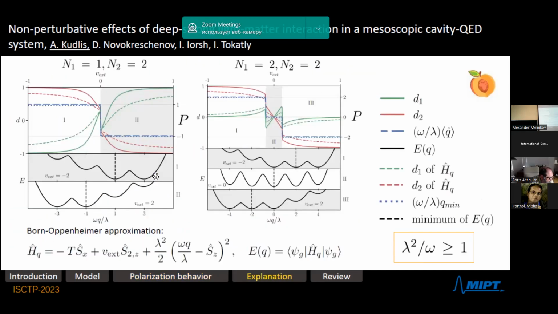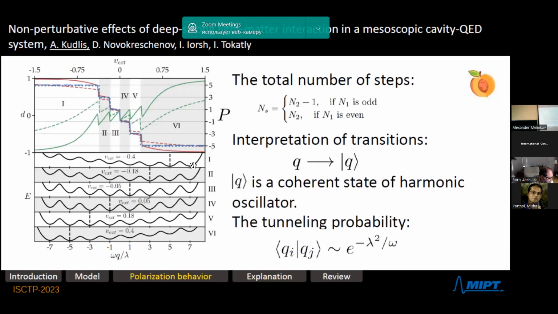So, to sum up, we also decided to plot some maybe advanced case with a large number of dimers, and we've found some phenomenological formula for the number of steps, which you can observe in this picture.